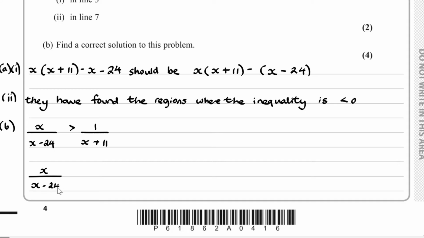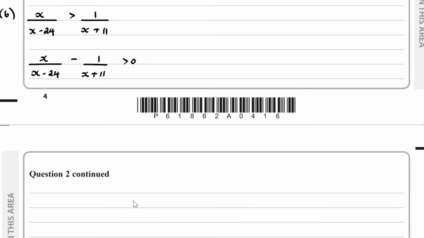x minus 24 minus 1 over x plus 11 being greater than 0, and if we combine these fractions, we have x lots of x plus 11. Okay, so let's write this down.